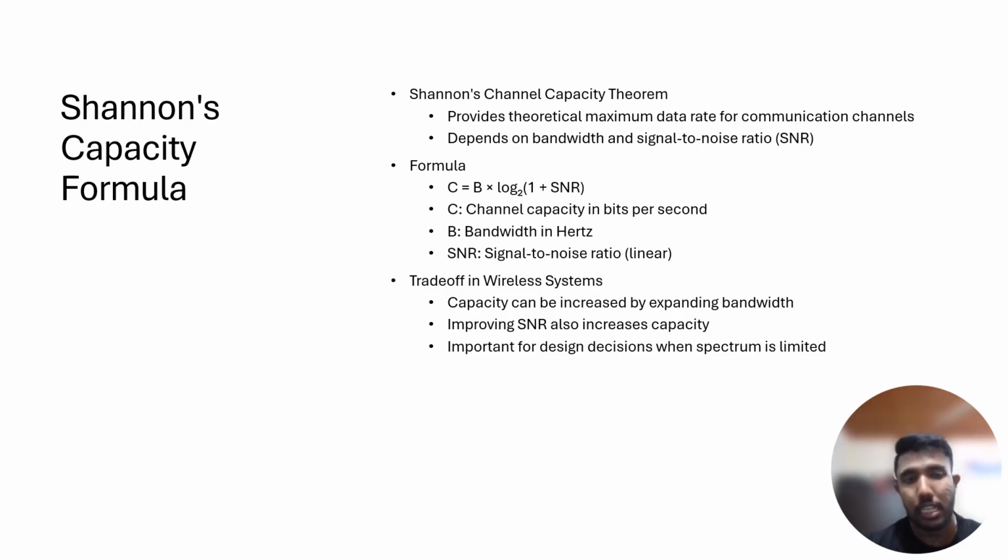For example, increasing SNR from 10 to 100 only increases capacity by a factor of about 3.3, while increasing bandwidth from 10 MHz to 100 MHz increases capacity by a factor of 10. This mathematical relationship drives many design decisions in wireless systems. Let's move on to the next slide.